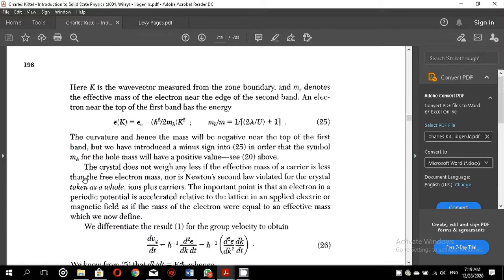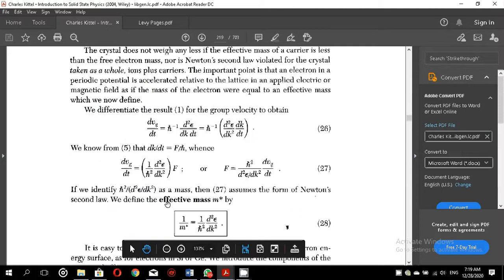Okay, you can go through the rest of these pages and see that this is the final expression we will derive for the effective mass of the electron, equation number 28.